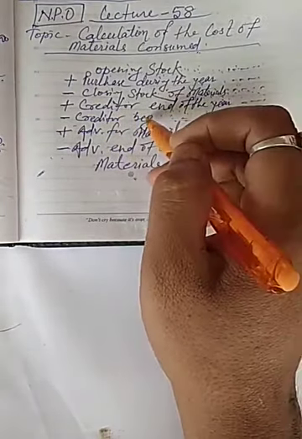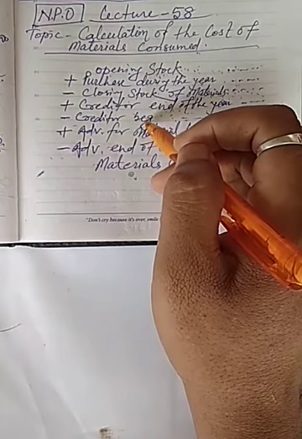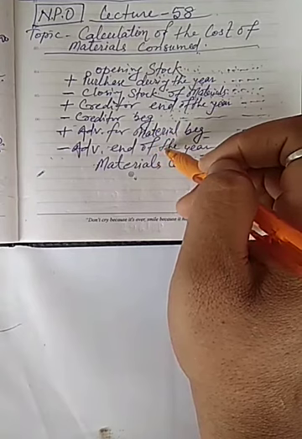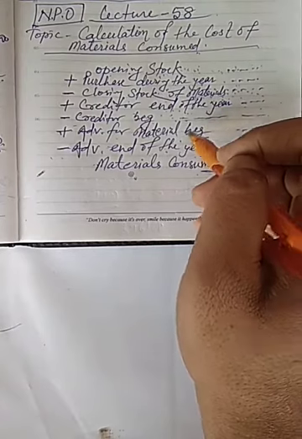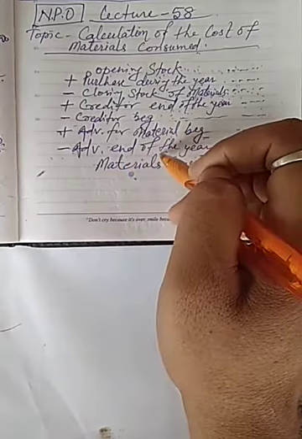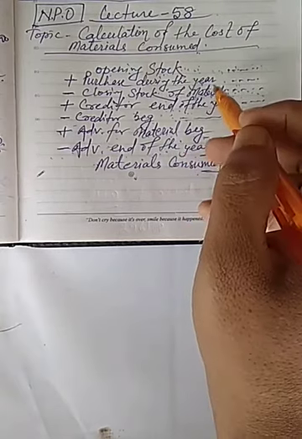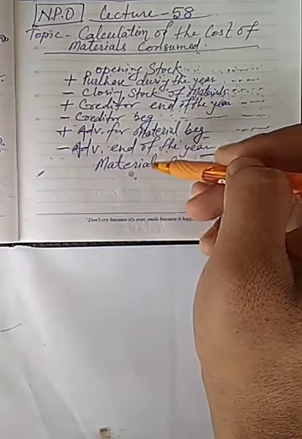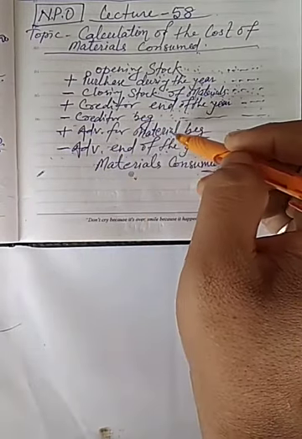Creditor beginning will be shown in the opening balance sheet. Same for advance for material: beginning will be shown on the asset side of opening balance sheet, and advance for end will be shown on the asset side of closing balance sheet. So this will be the same as we have done in case of subscription.